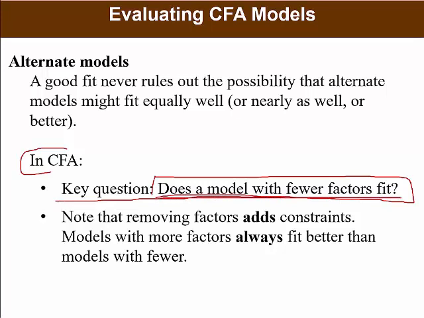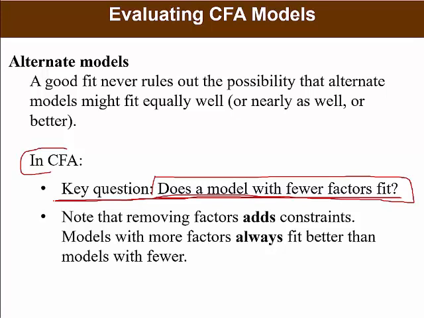Note that when we talked about fit, a model that has a poor fit could be caused by a situation where we don't have enough factors, but having too many factors will not reduce our fit. So not having enough factors will cause a bad fit.